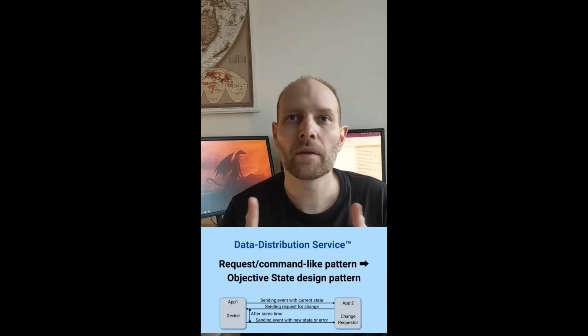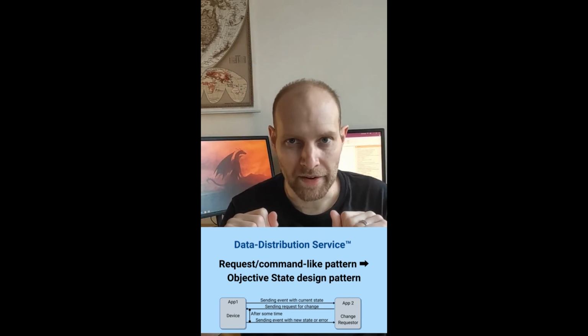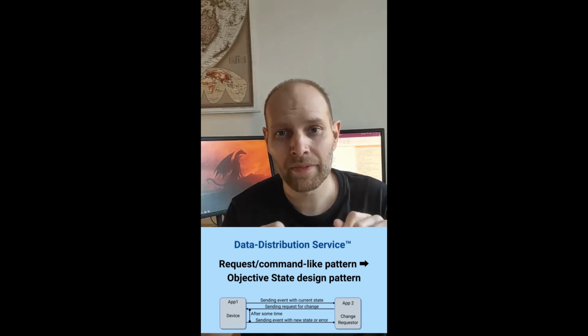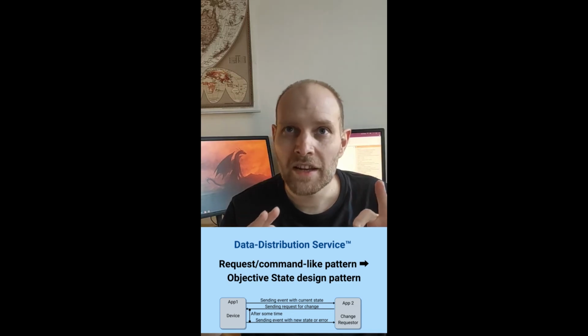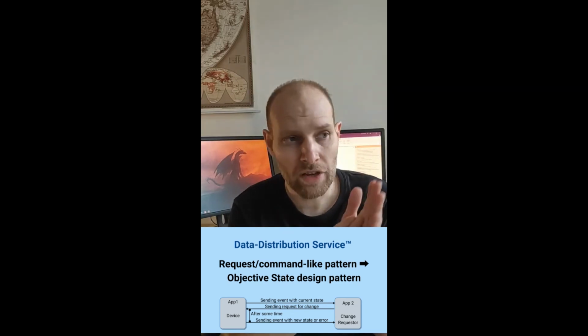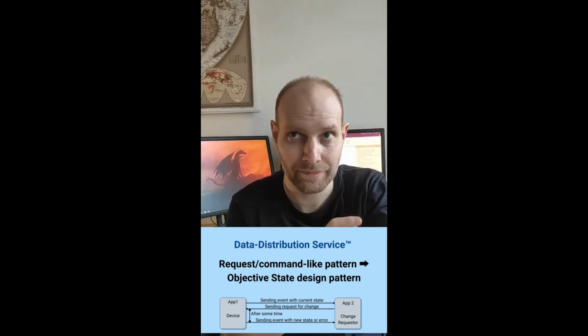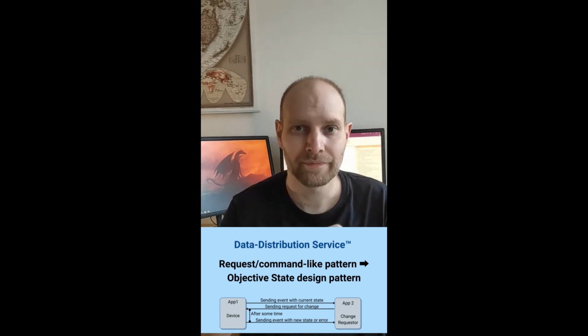But what would you do if you want to send a command to someone? In these cases, you can use a design pattern called the objective state design pattern. In this pattern, you send a request to the system. That's the first step.